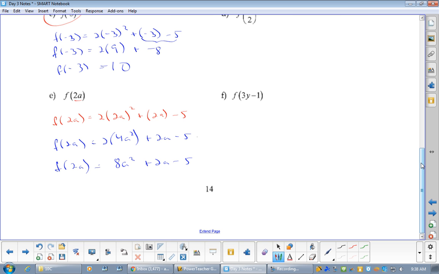Okay. Now, this one here, not for the weak. Some of you might even cry doing this one. This one's 2 times (3y minus 1) squared plus 3y minus 1 minus 5.